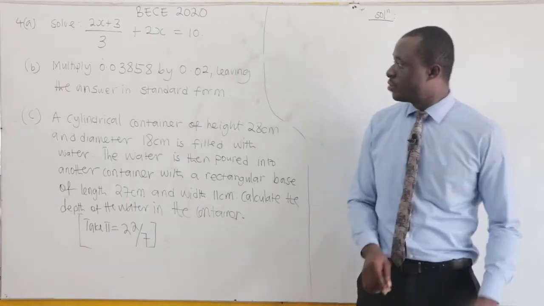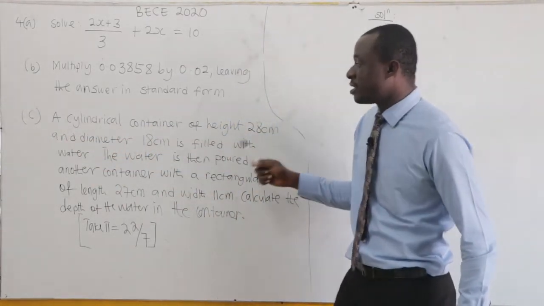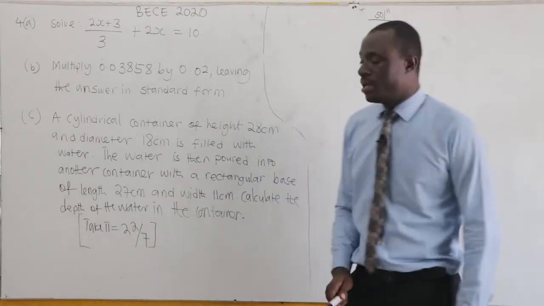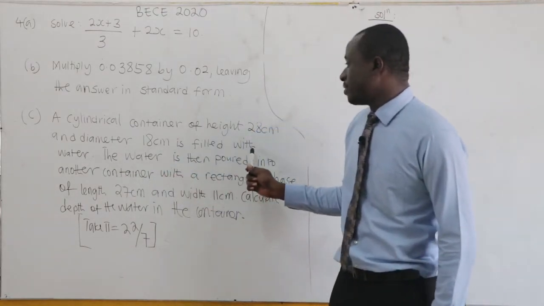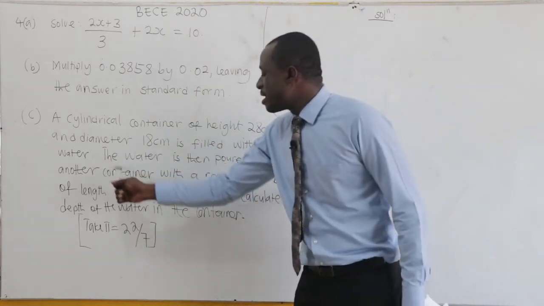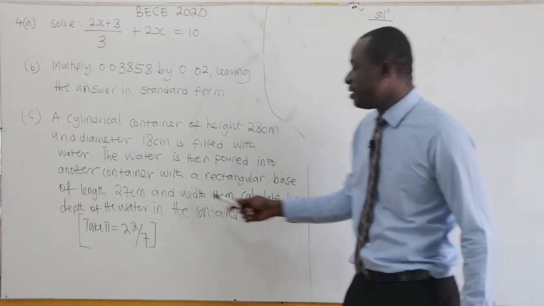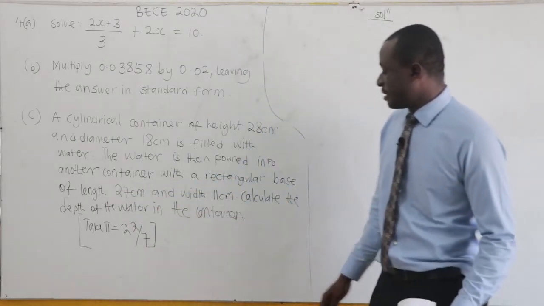B.E.C.E 2020, question number 4c. A cylindrical container of height 28 centimeters and diameter 18 centimeters is filled with water. The water is then poured into another container with a rectangular base of length 27 centimeters and width 11 centimeters.